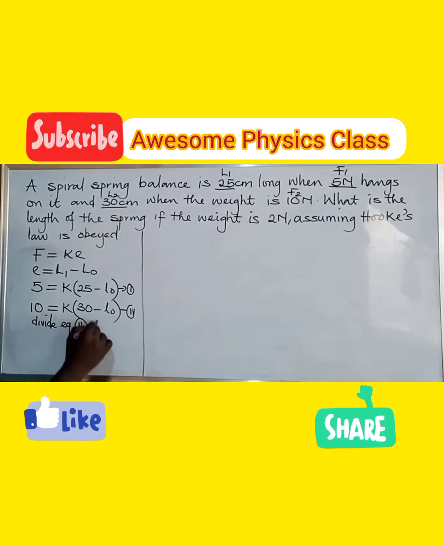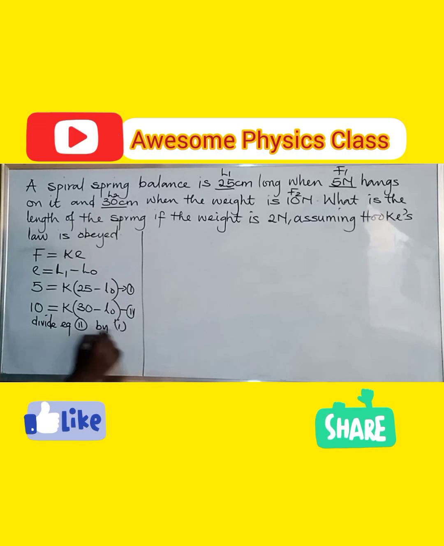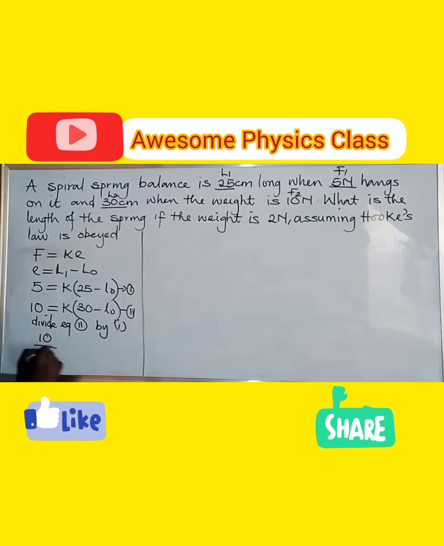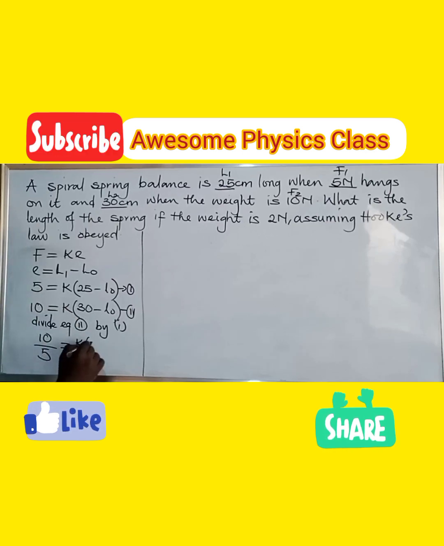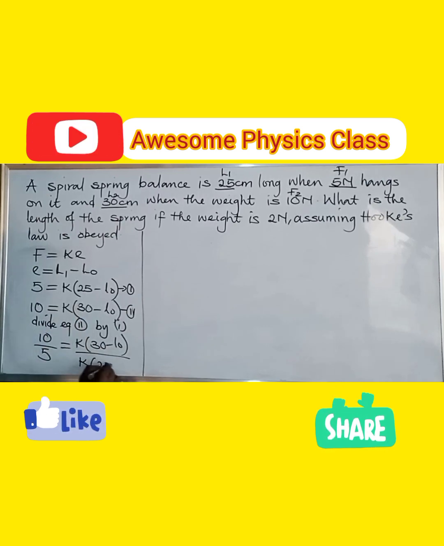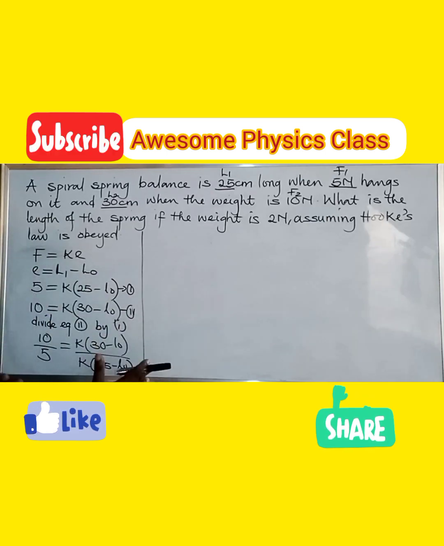equation 2 by 1. If I divide equation 2 by 1, that means I'm going to have 10 all over 5 is now equal to K into 30 minus L0 all over K into 25 minus L0. That is, the left hand side will be divided by the left hand side, while the right hand side will also be divided by the right hand side.